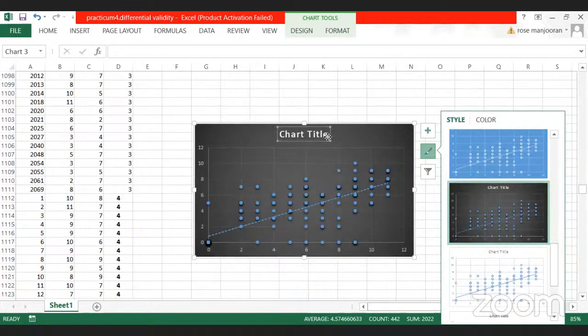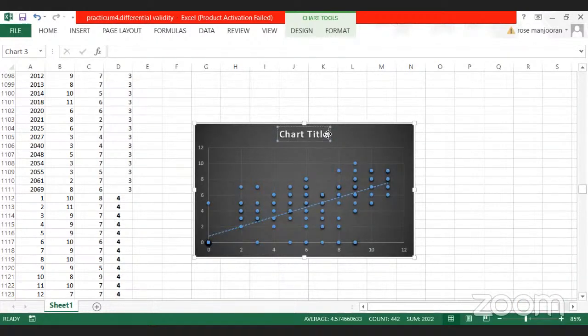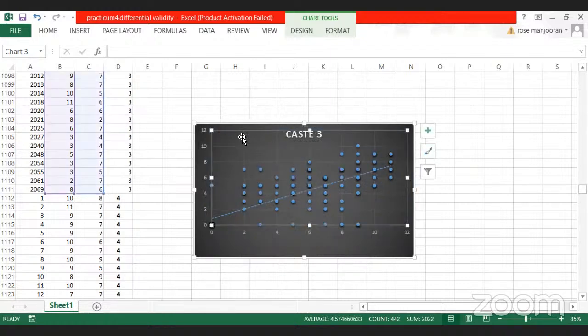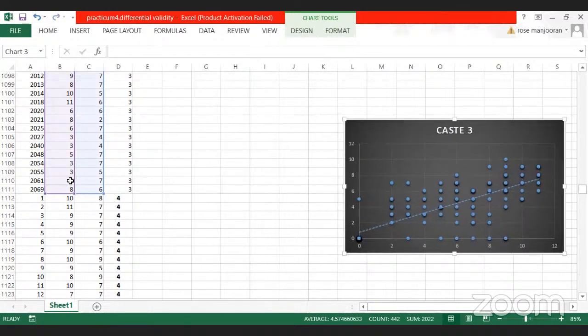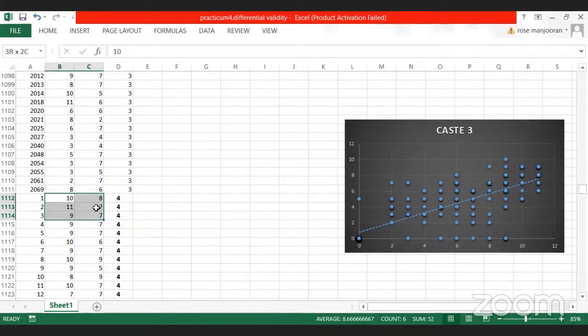So this will be caste 3. Okay, then we will select from caste 4.